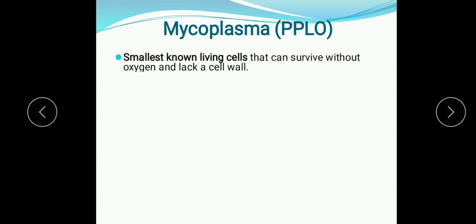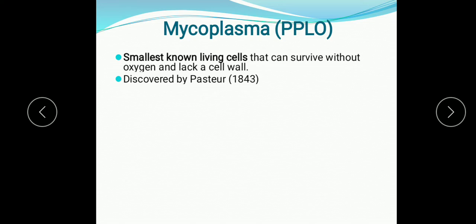Now next, after reproduction of the bacteria, we are going to study the mycoplasma. What are mycoplasma? So mycoplasma are the smallest known living cells that can survive without oxygen and lack a cell wall. So they are the smallest living cells known till now that can survive without oxygen, and they do not have a cell wall.